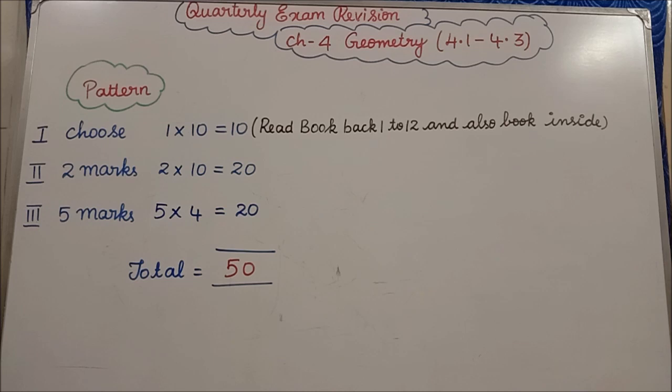Very important is that you write the question number. If you are starting the 5 marks, please write the question number correctly. After completing each problem, draw the line neatly. Submit the paper very neatly, with good presentation. That is very important. Clear?